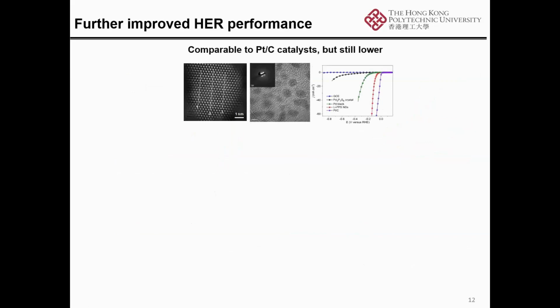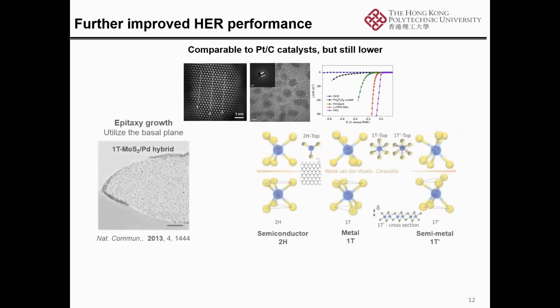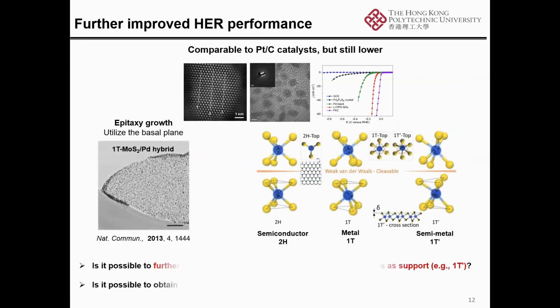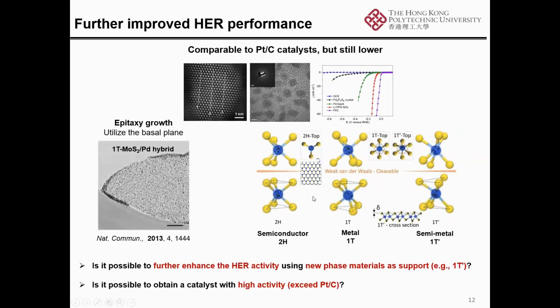But even though the performance is improved, we are still thinking, is it possible to further improve? Because the activity is still lower than the commercial platinum carbon catalyst. So we also focused on two-dimensional layered nanomaterials because they have a lot of structures.